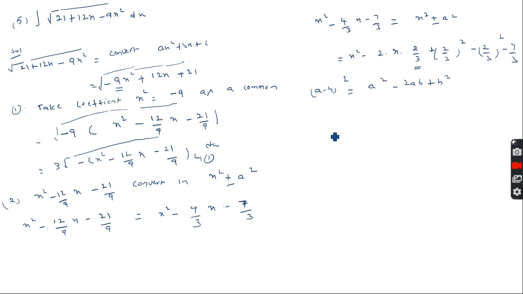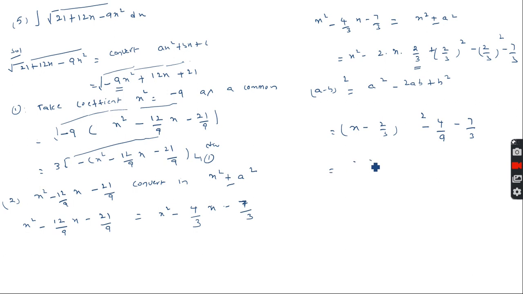So we get x minus 2 by 3 whole square minus 4 by 9 minus 7 by 3.